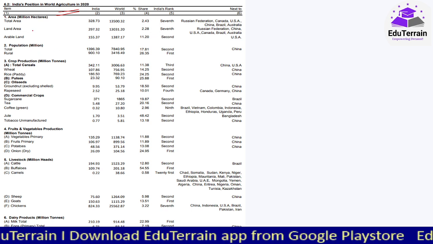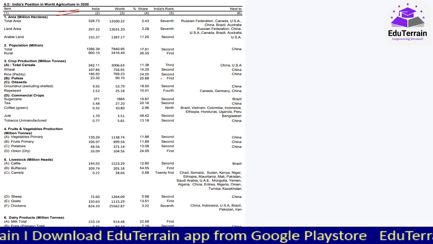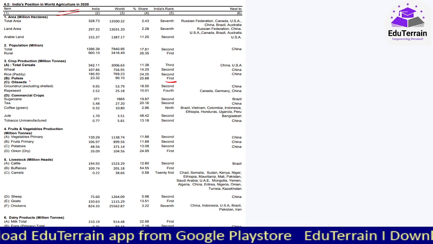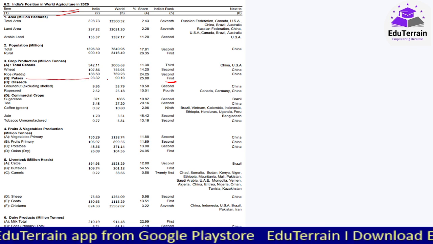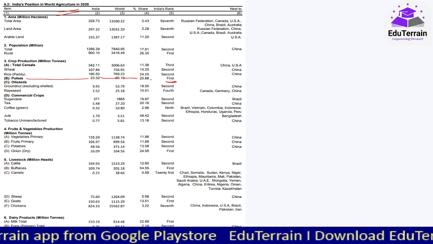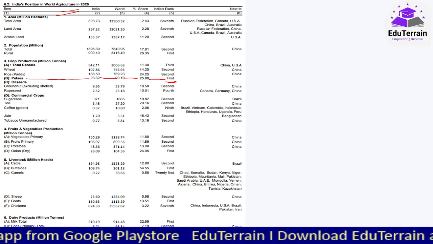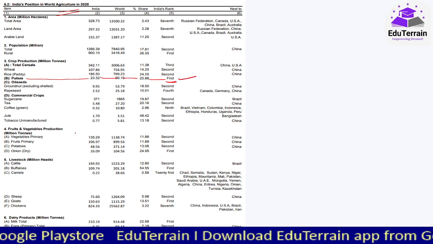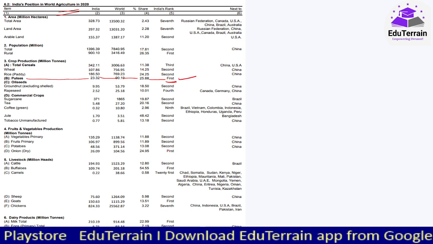See, ये तो एरिया है सब। First see it is pulses, जो हमारा प्रोडक्शन कम है, जो इंडिया में हम अपनी पॉपुलेशन को भी फीड नहीं कर सकते, but still we are number 1.